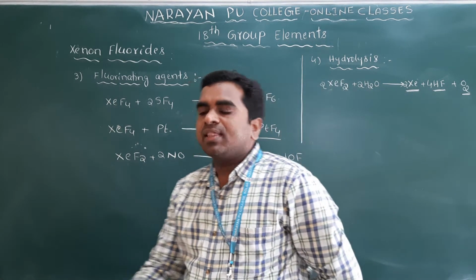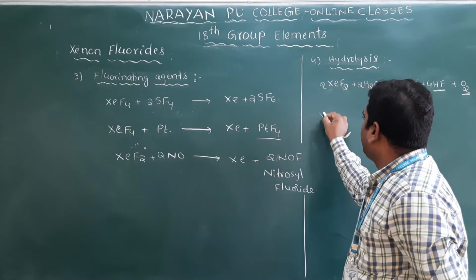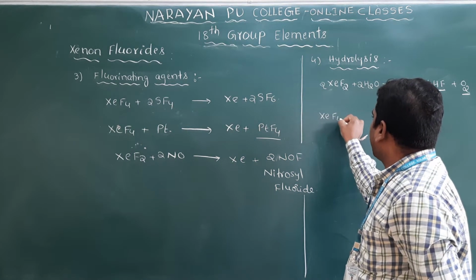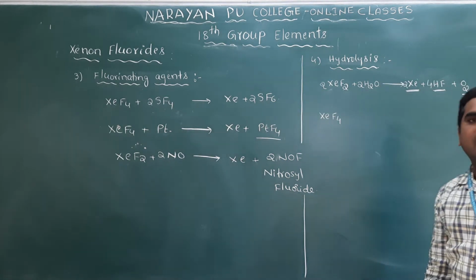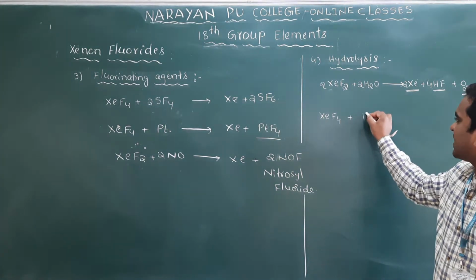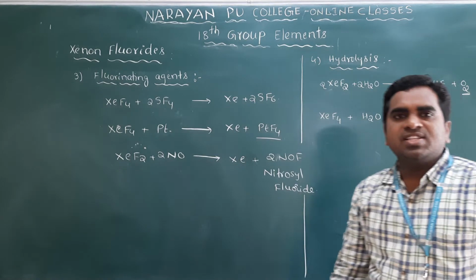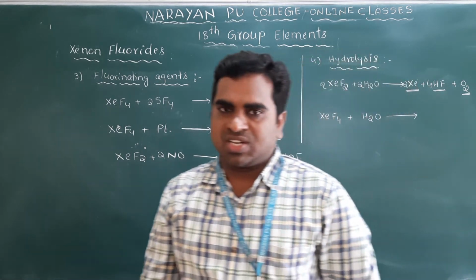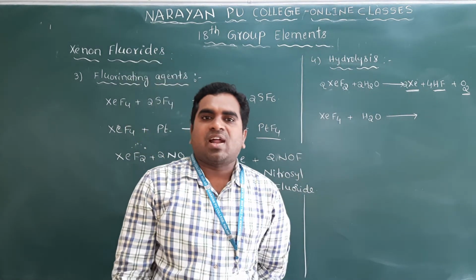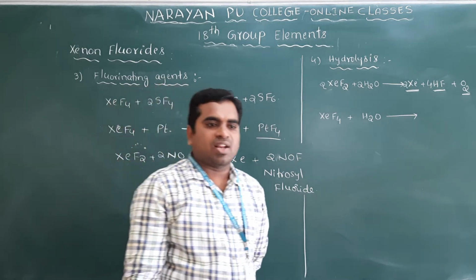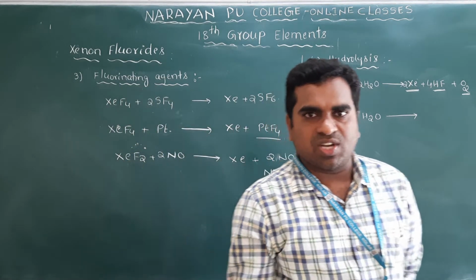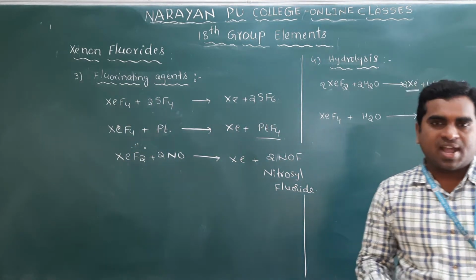Clear? In the same way, if you take xenon tetrafluoride reacting with the water, this reaction is very important. It is a disproportionation reaction. Xenon tetrafluoride reaction with water is which type of reaction? Disproportionation reaction. Clear?